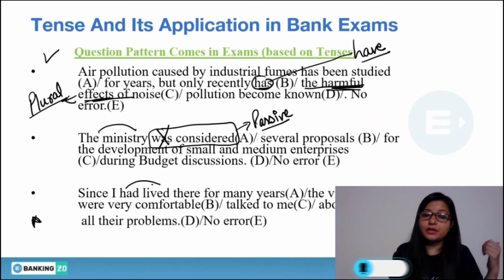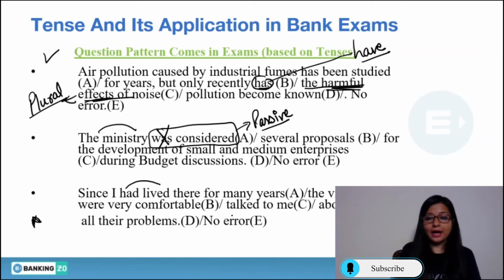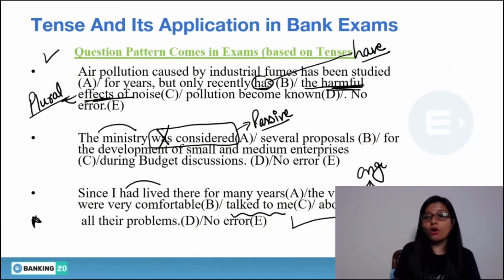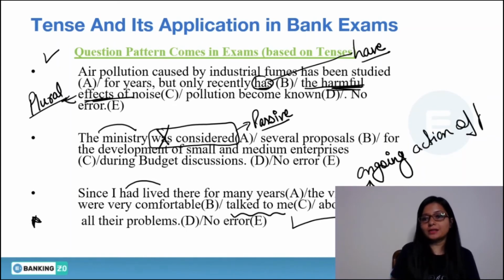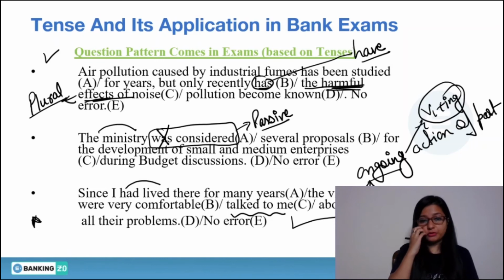And talk to me is showing you an ongoing action of the past. Okay, ongoing action of the past. It means you need to use the continuous form, v1 ing, here. So you have to convert talked into talking.